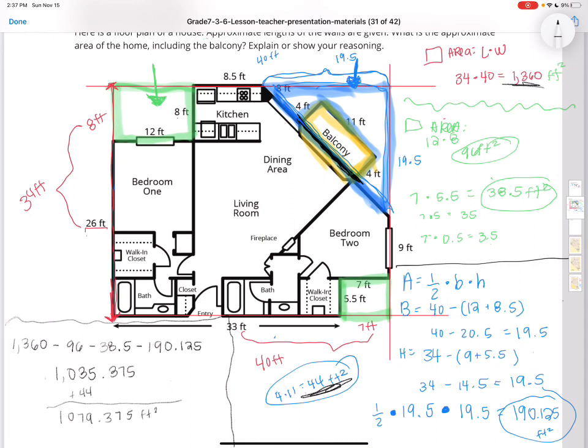Now, we can't say this is the exact number, but they said they wanted an estimate.